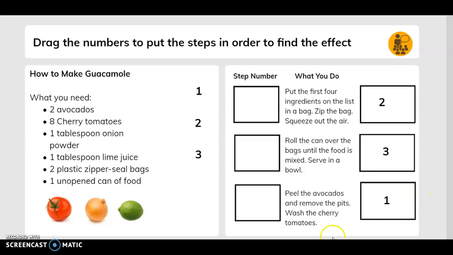The first step is we're going to peel the avocados and remove the pits. Wash the cherry tomatoes. And then the second step is that we're going to put the first 4 ingredients on the list in a bag. Zip the bag and squeeze out the air. The third step is we're going to roll the can over the bag until the food is mixed and then serve it in a bowl.